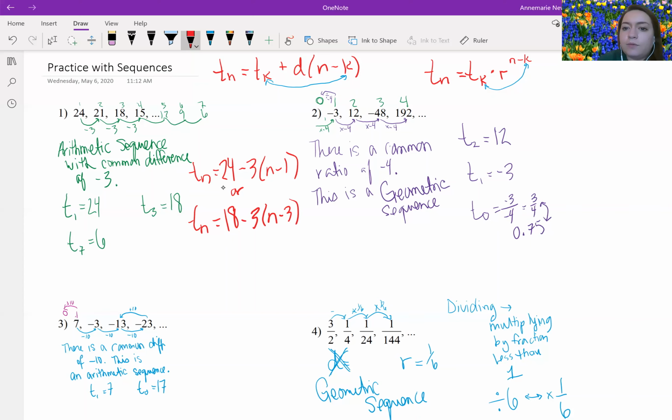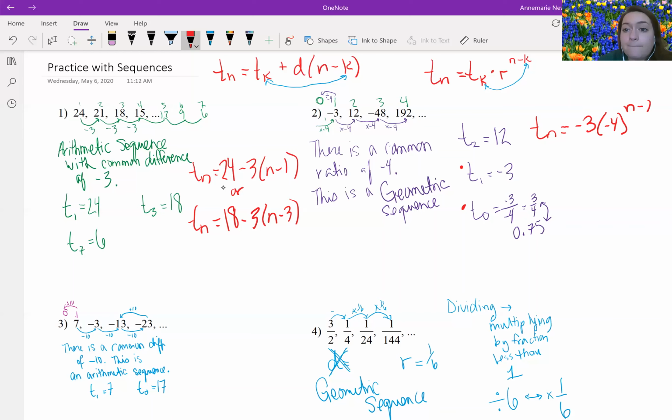I'll write it using the first term, and I'll write it using the 0th term. Keep in mind this is geometric, so I have to use the formula that has the exponent up top. T sub n is equal to our first term, negative 3, times my ratio, negative 4, raised to the n minus first power because I used the first term.